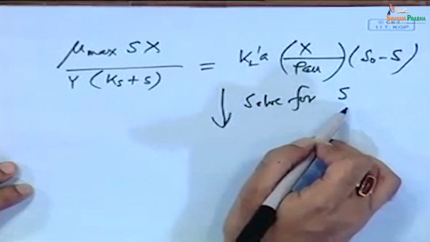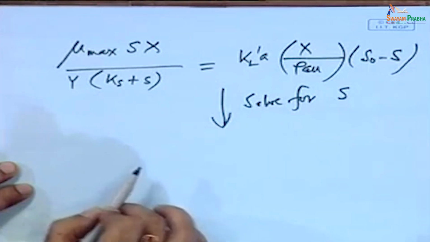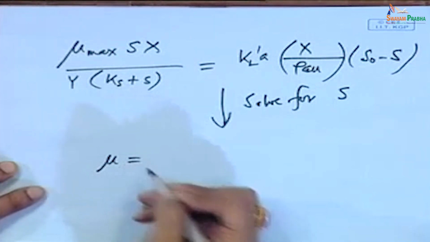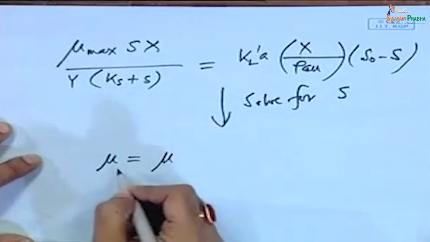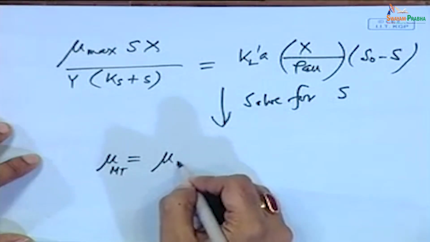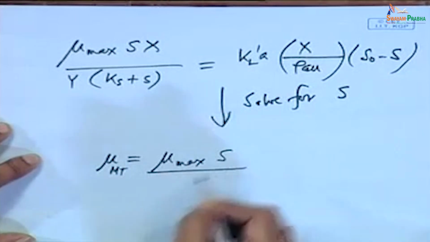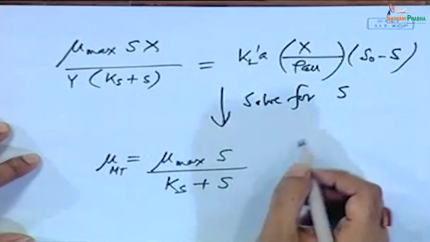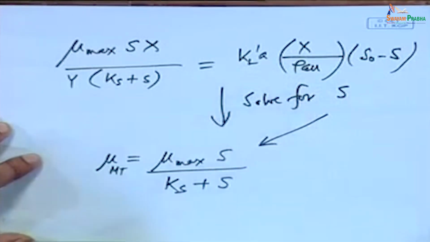Solve for S using this quadratic equation, and put the solution in mu. So mu, or mu mt, let's say, equals mu max S over Ks plus S.